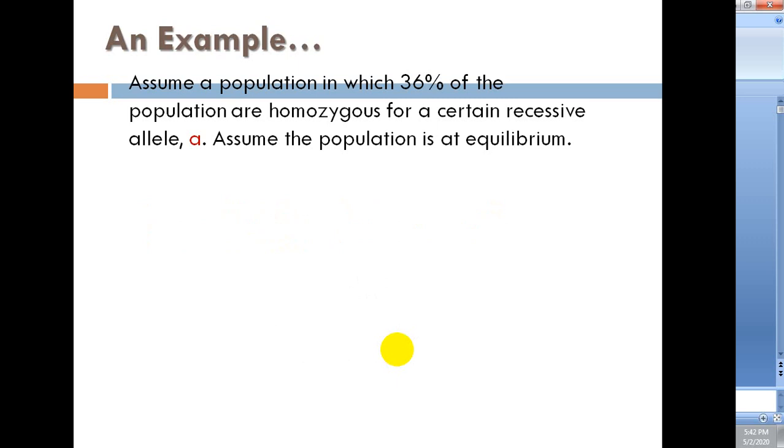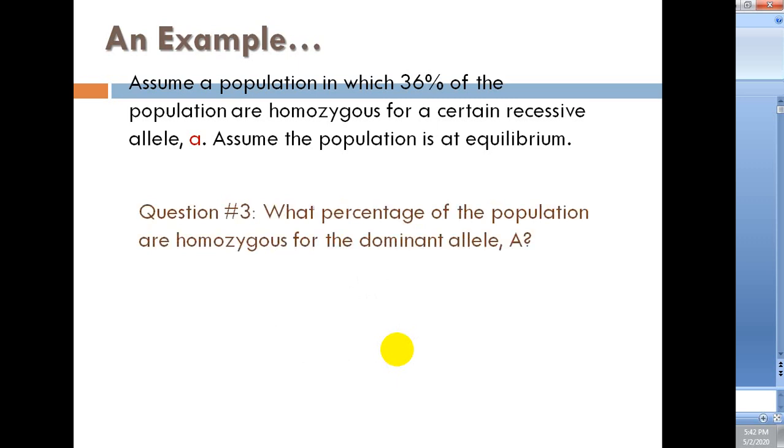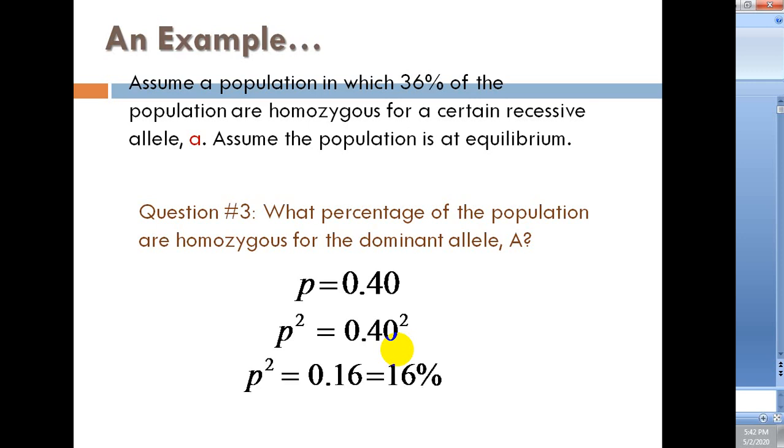Now, what percentage of the population are homozygous for the dominant allele? p is 0.4, so p square will be the square of 0.4, that is 0.16, so the genotype frequency is 16%.